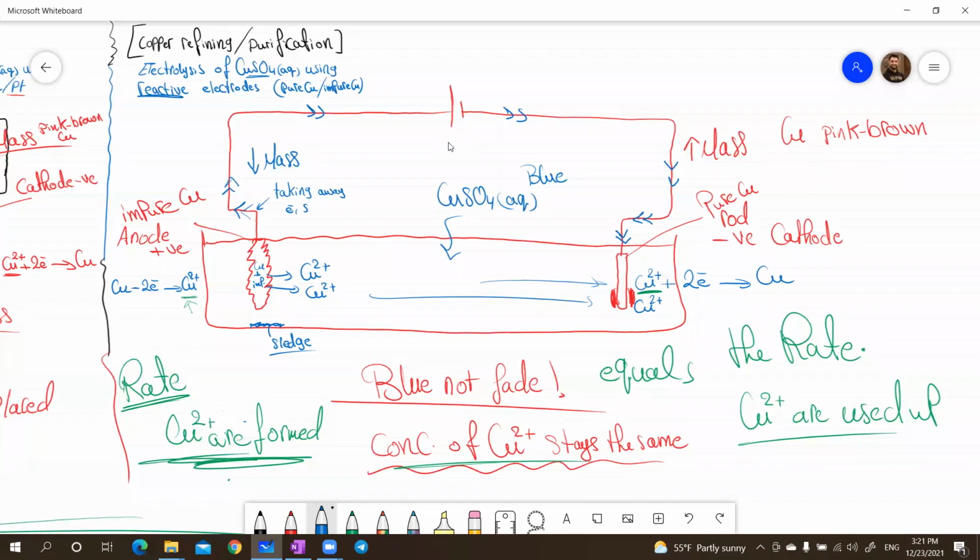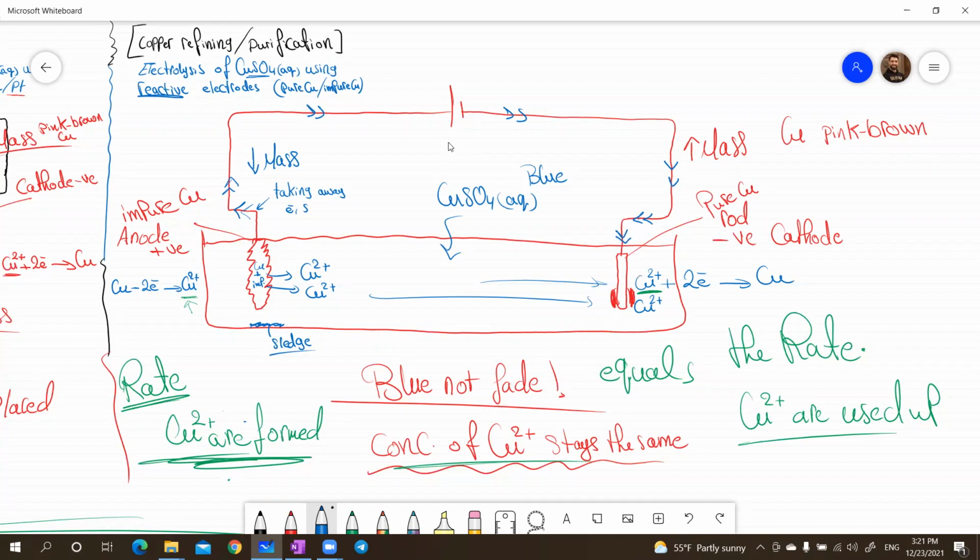Let me mention that the electrodes in this process are reactive, made up of copper. And at the cathode, the pure copper rod will get heavier and increase in mass because the copper ions will be attracted to the pure copper rod and discharged by gaining electrons and change to copper atoms. So there is copper deposition at the electrode.